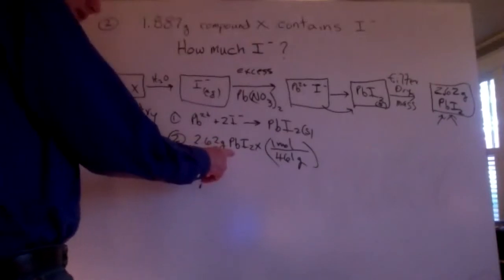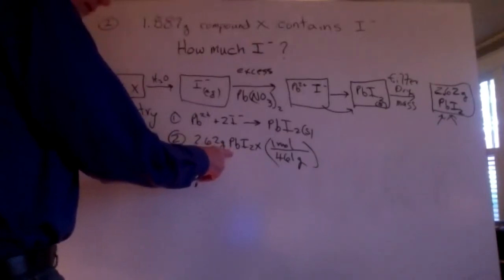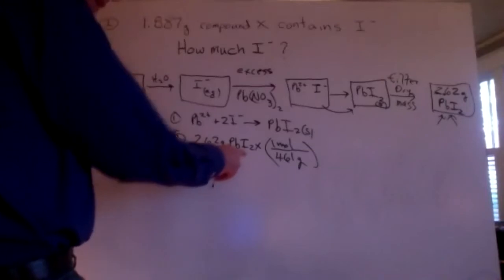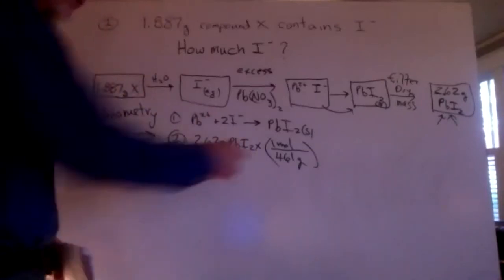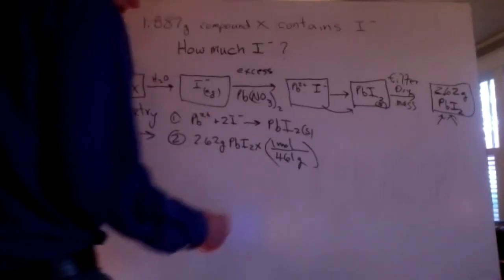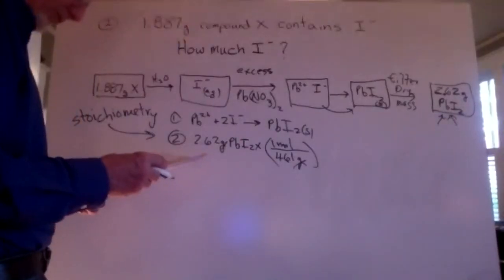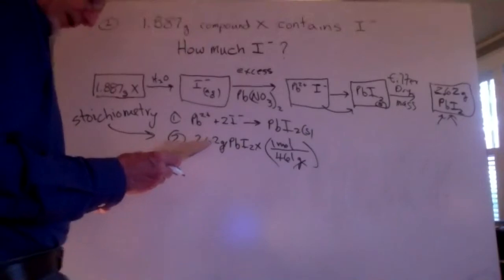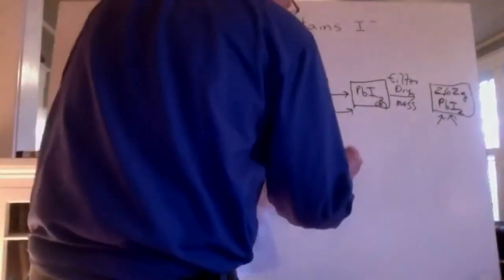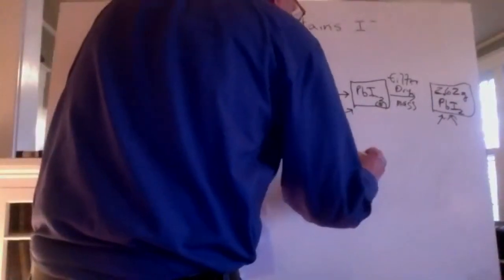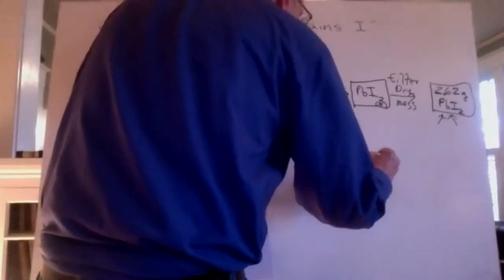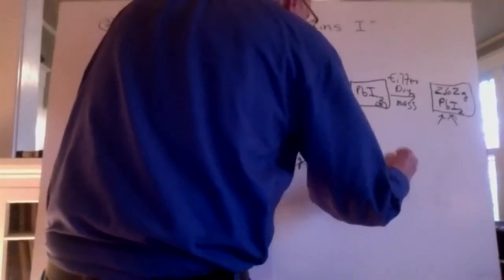You look on the periodic table, look up the molar mass of lead and the molar mass of iodine, add them together, and you get 461 grams. Grams cancel, and we're left with the number of moles of lead iodide, which is 0.0057 moles of PbI2.